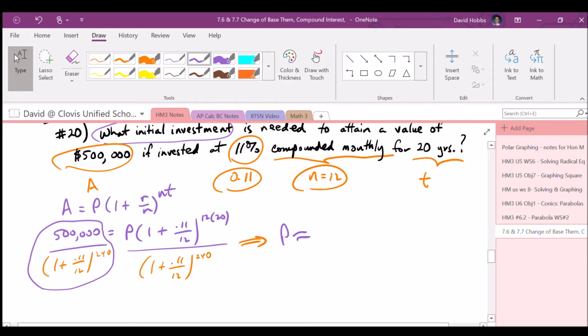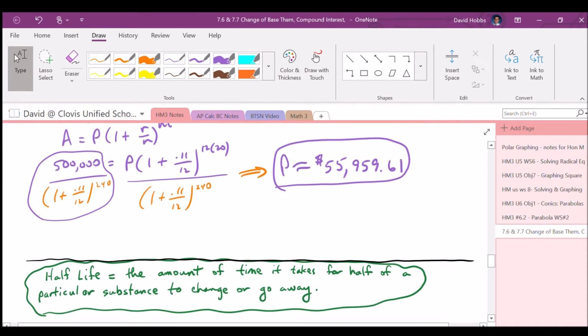And you need to be able to plug it in the calculator, and it's a little bit messy, but you've got to be able to do that. And so if you plug that in, you will get 55,959.61. And why did I stop at 0.61? Well, because P is the initial investment, which is money, and money, we just round to the nearest penny.